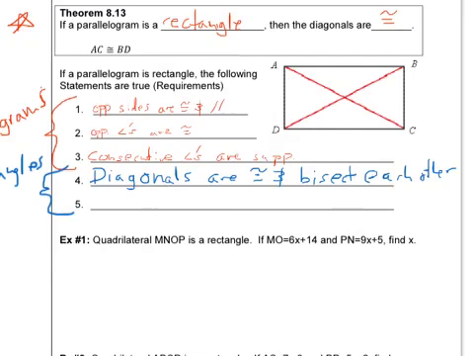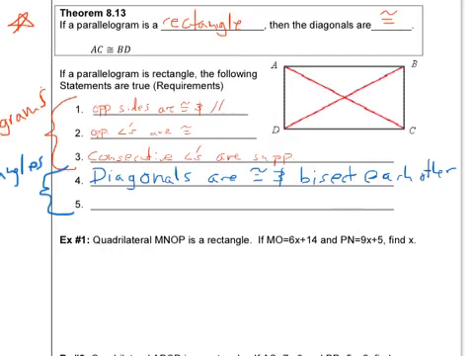That is an actual requirement for it to be a rectangle, that the diagonals need to be congruent and bisect each other. And as long as the diagonals are congruent, they will bisect each other, so that's kind of nice in this situation.